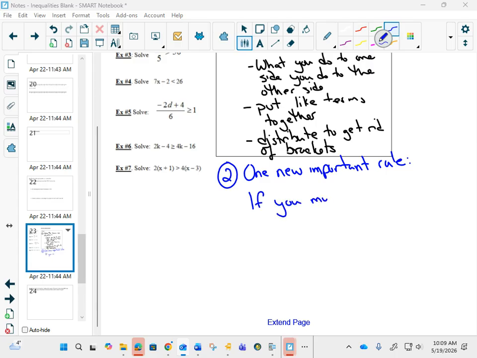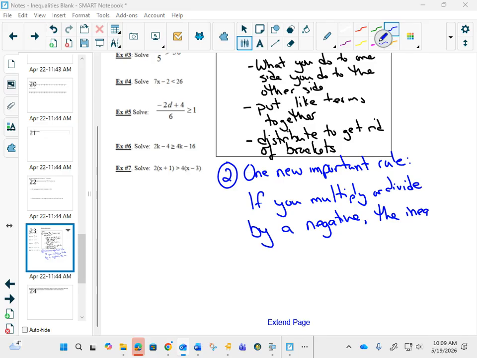It only happens if you multiply or divide by a negative. If you multiply or divide by a negative, the inequality flips. I'll show you what I mean.